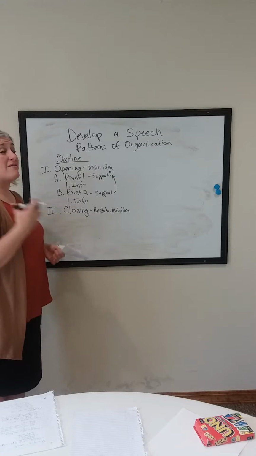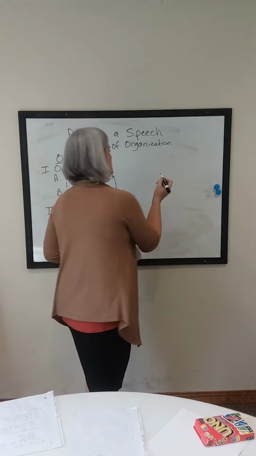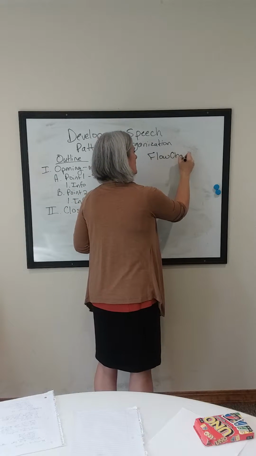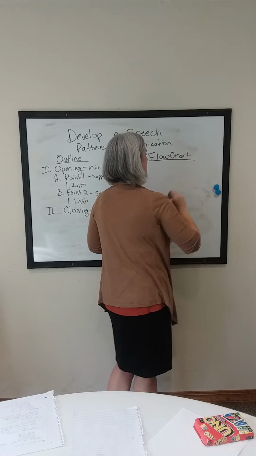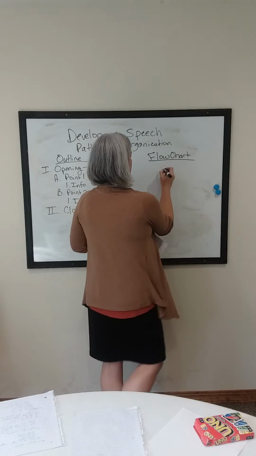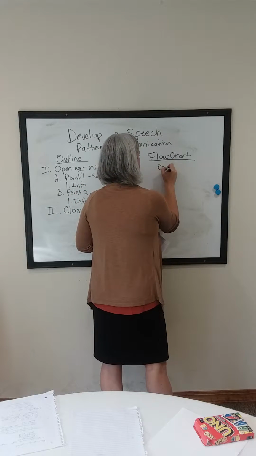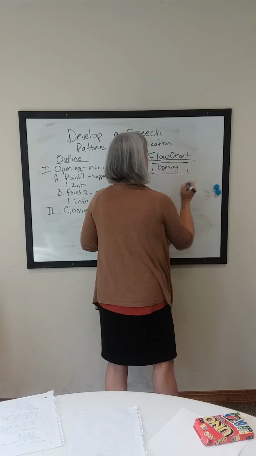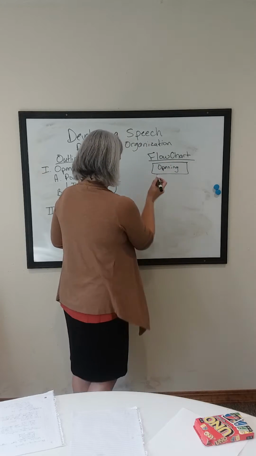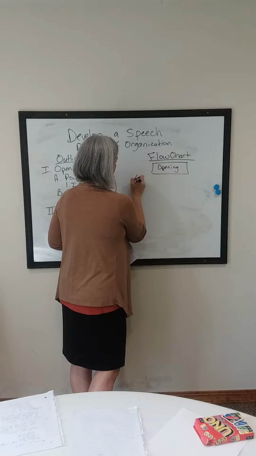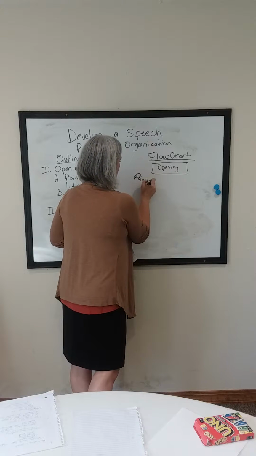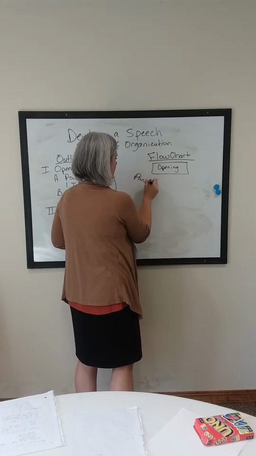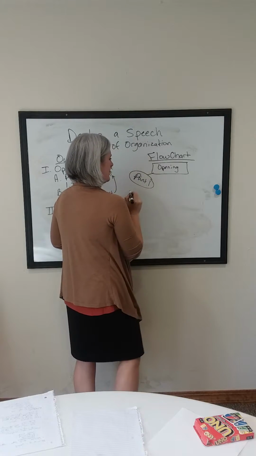Now my favorite way of organizing my speeches is called a flow chart. Now in this method, you're going to have your opening, we're going to put that here, and then you're going to have over here point number 1, that's going to connect there.